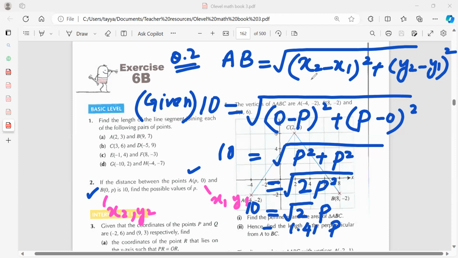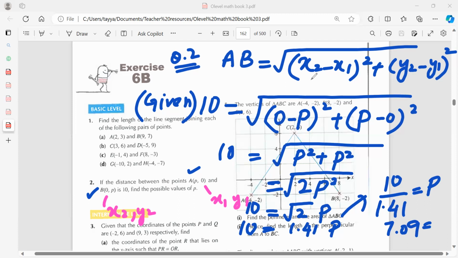Now divide 10 by 1.41, which is equal to P. That is 7.092.